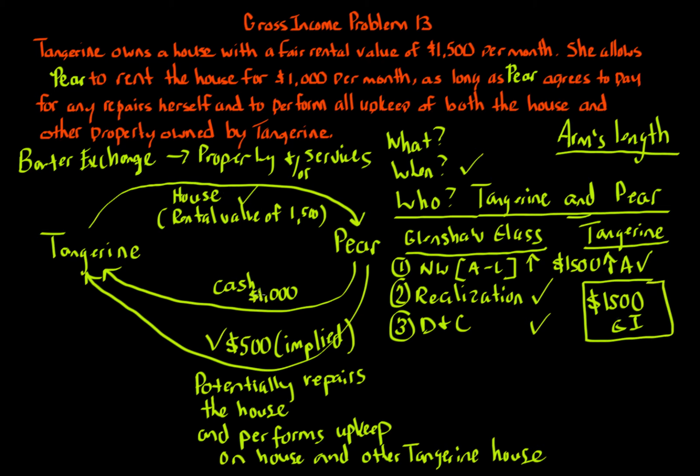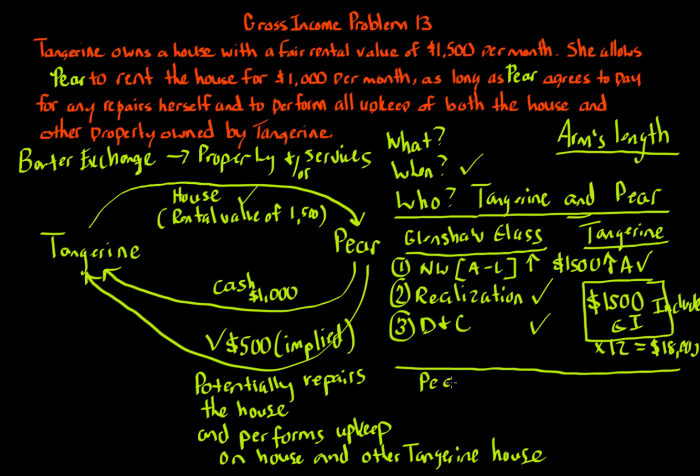Now, Tangerine only got $1,000, but Tangerine got $500 in services, exchanged for the house, so it does create income. So Tangerine has to include $1,500 in gross income per month, so times 12, that's $18,000. So $18,000 is included for the year, because let's assume this went from January 1st to December 31st, in the gross income of Tangerine.